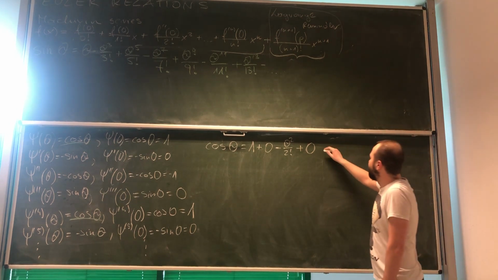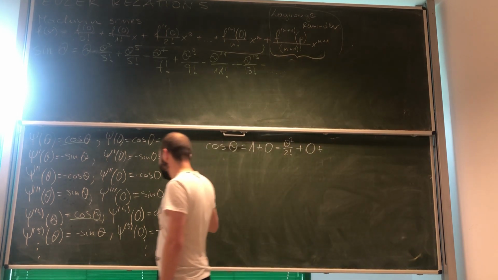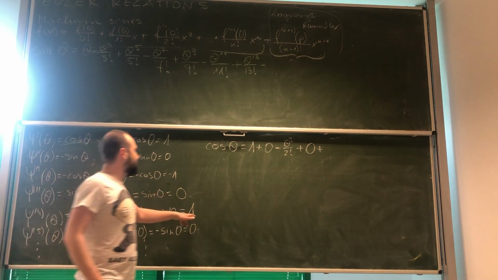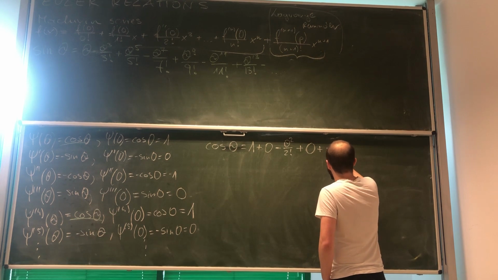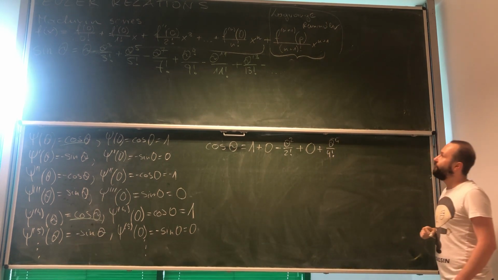And then we move to the fifth expression. And here, with the fifth expression, we go back to cosine, right? We go back to what we already had. So, this is going to be 1 divided by 4 factorial times theta to the power of 4.